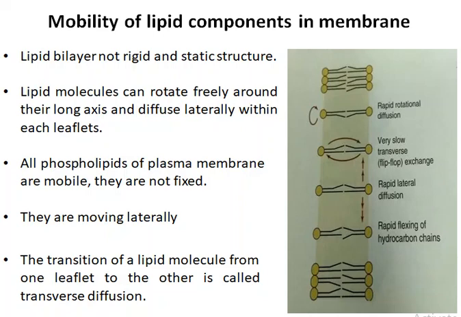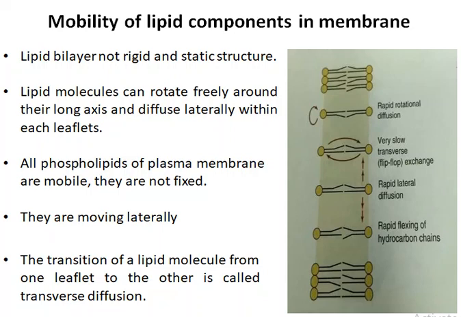The transition of the lipid molecule from one leaflet to the other via transverse diffusion may disturb this phospholipid composition in the outer and inner leaflets, and may lead to harmful consequences such as apoptosis.